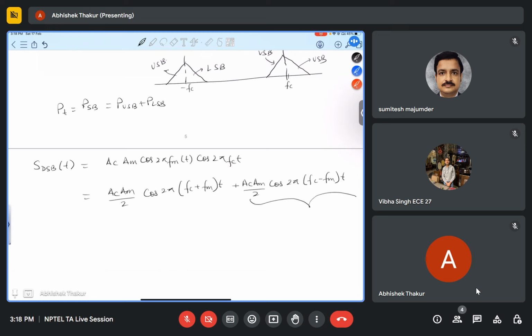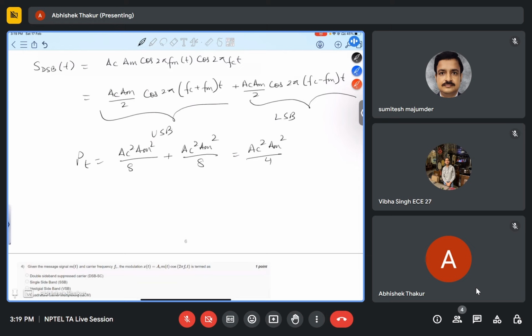So this fc minus fm term is our lower sideband, and this is upper sideband. So total power Pt, so power of USB, how much it will be? It will be Ac squared Am squared by 2 into 4, that is 8, plus Ac squared Am squared by 8, because power of USB plus power of LSB. So this will become Ac squared Am squared by 4.